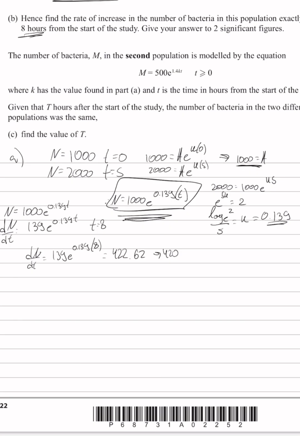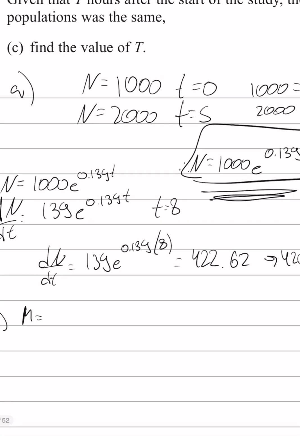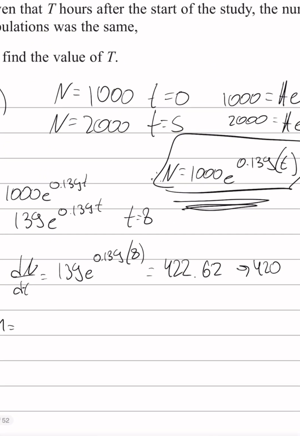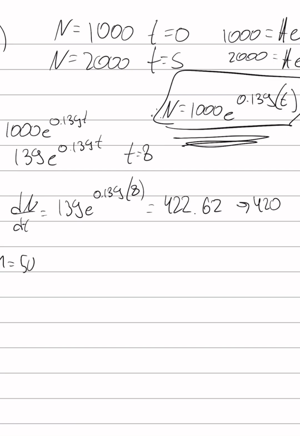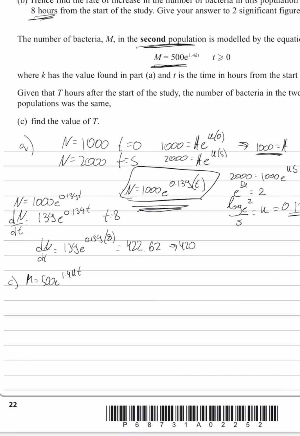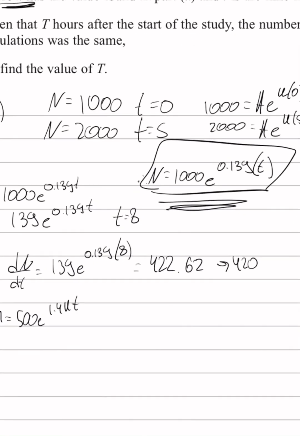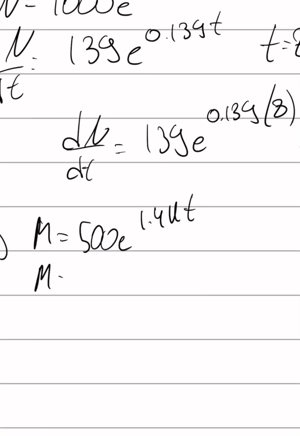Lastly, for part C, it says that this equation represents the second population. So m is 2000 e to the 1.4kt. However, it says k is the same as from part 1, so we can just replace it with that.